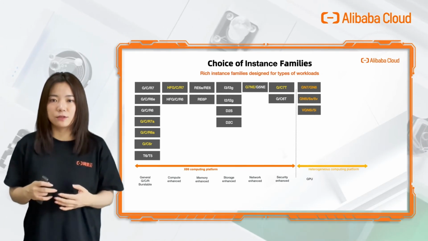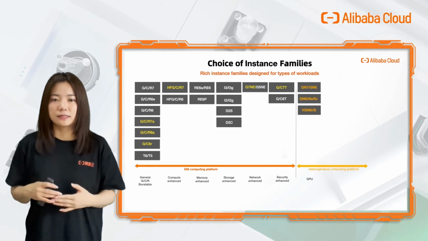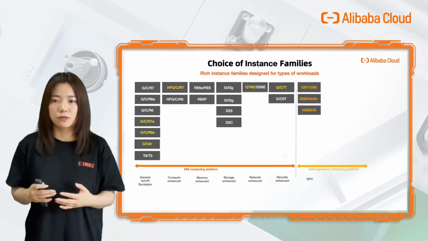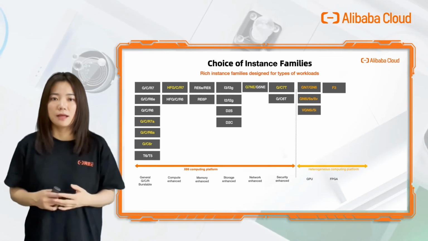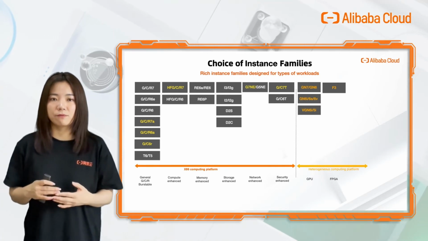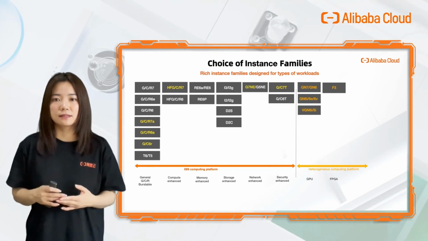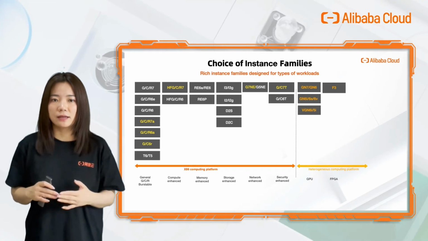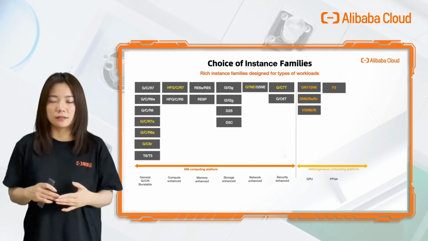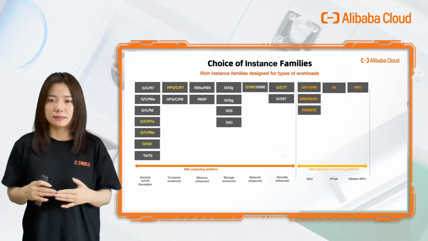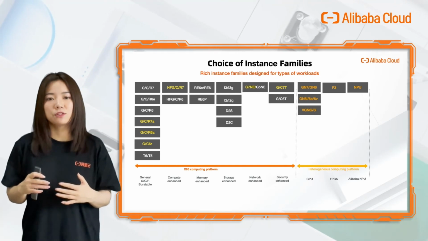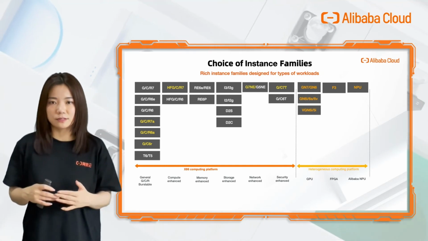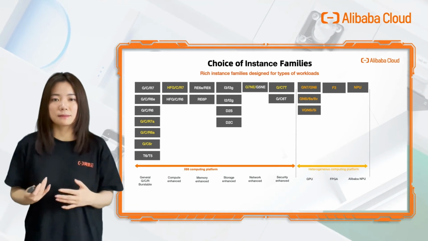GPU instances are used for machine learning and scientific computing, audio-video processing, and so on. F3 is an instance with FPGA using a Xilinx processor for applications like AI and genomics. We also have instances with an in-house developed NPU to accelerate AI inference with great price performance.